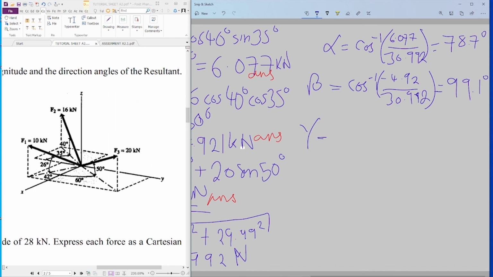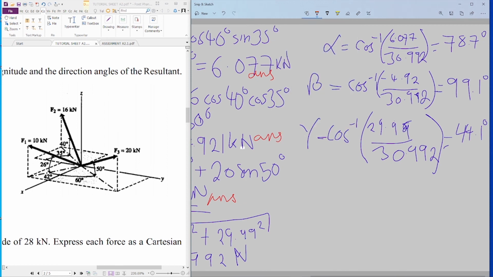Gamma is equal to cos inverse of 29.99 over 30.992, which is equal to 44.1 degrees.